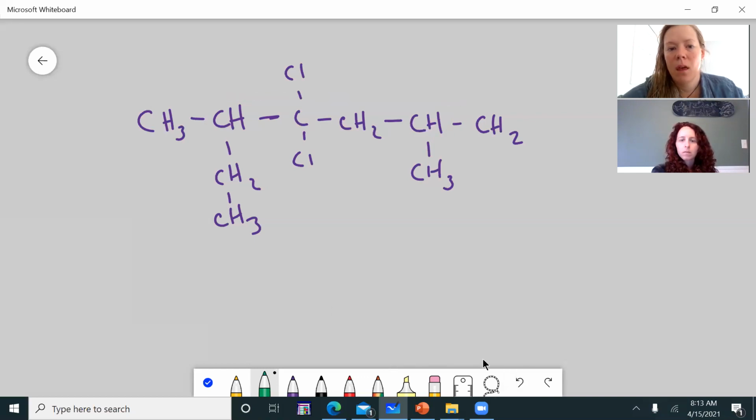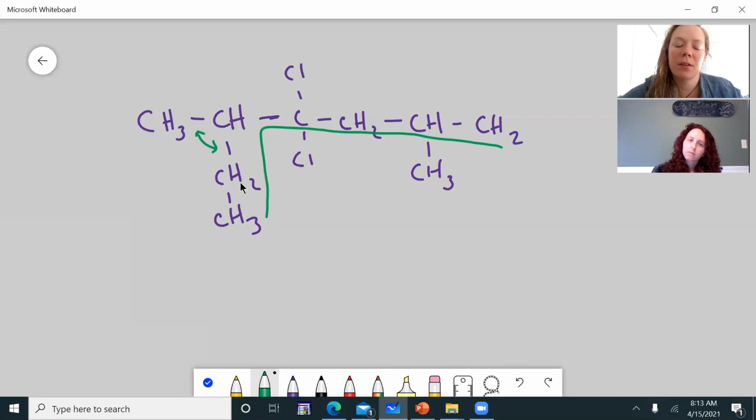Okay. What if I went this way instead and then over? 1, 2, 3, 4, 5, 6, 7. 7 carbons on the main chain. You want to try and pack as many carbons on the main chain as you can. Remember, because these are single bonded, these are free to rotate.